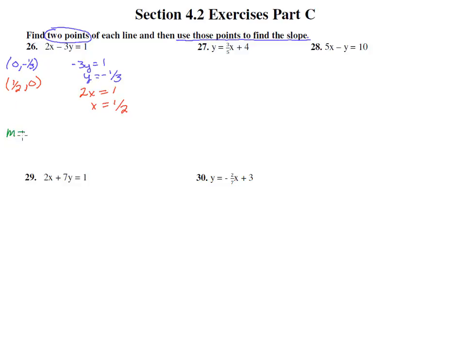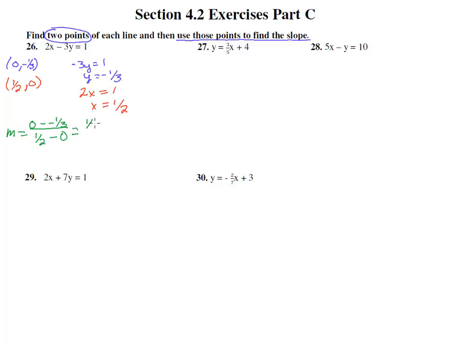The slope is y minus y over x minus x: 0 minus a negative 1/3 over 1/2 minus 0. Or we could do it the other way, negative 1/3 minus 0 over 0 minus 1/2, and we'll get the same thing.